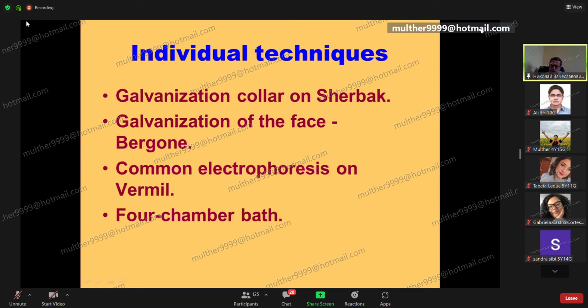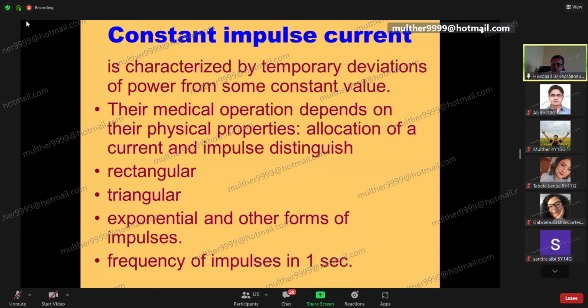As for impulse current, this current is characterized by temporary deviations of power, density of power from some constant value. Medical action depends on physical properties. Allocation of current and impulse distinguish.